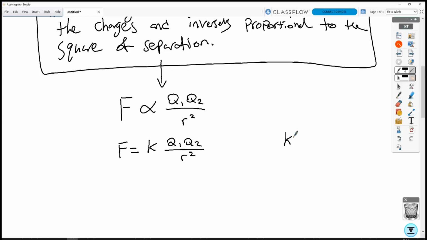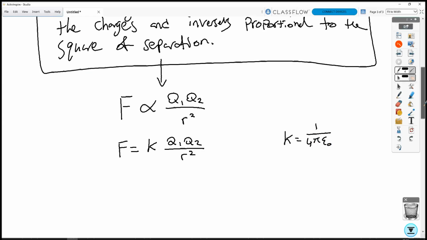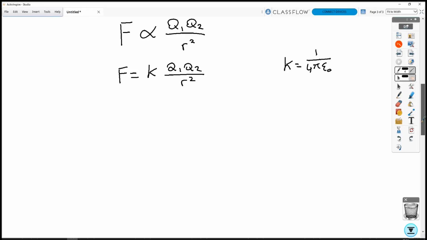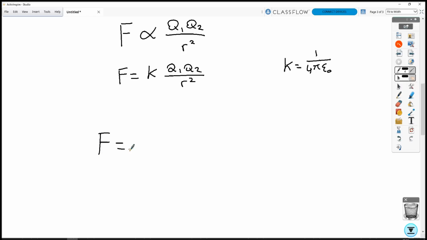So we'll write here K equals 1 over 4 pi epsilon naught. And now we can put those together to make the equation that you need to learn, which is F is equal to Q1 Q2 over 4 pi epsilon naught R squared.